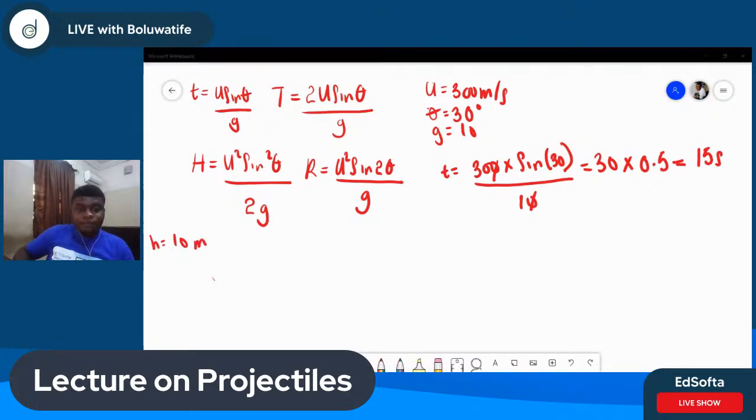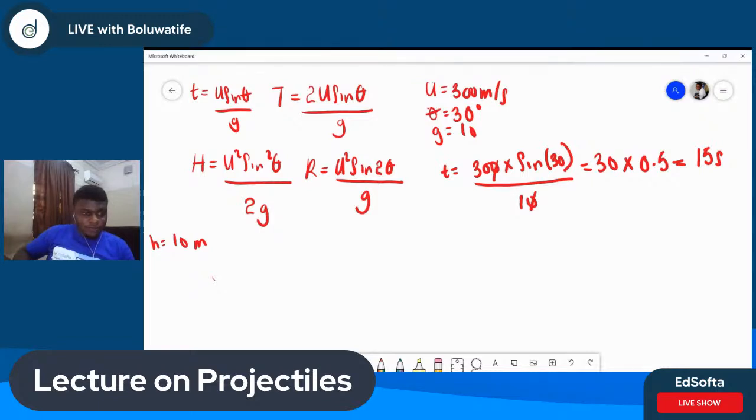And I have time as what, 4 seconds. And I have acceleration due to gravity as well, 10. So the formula that has all this, and I'm looking for u, is h equals to ut plus half gt squared.